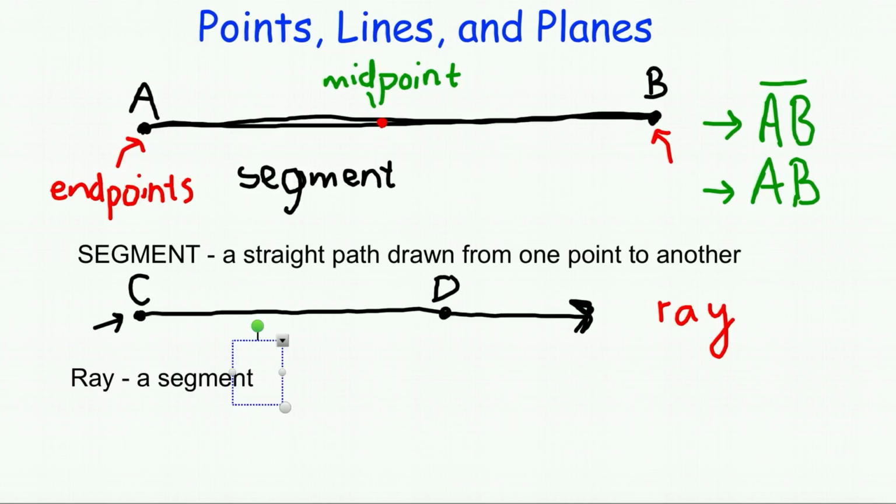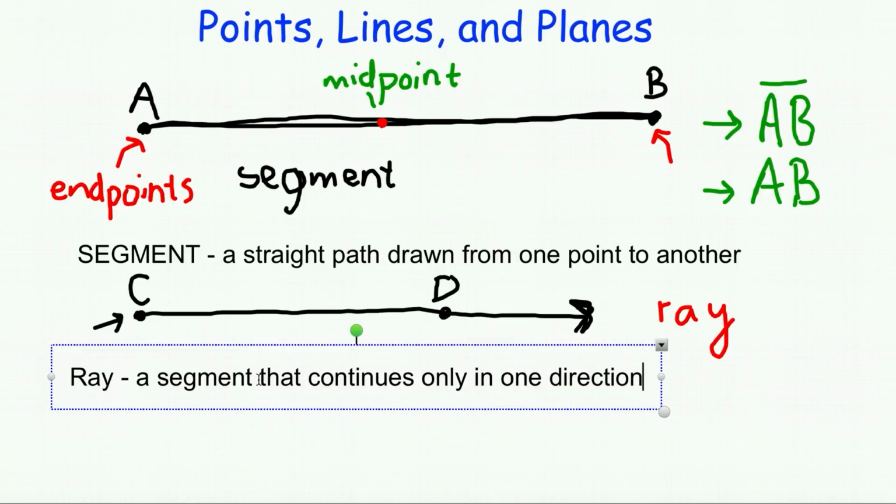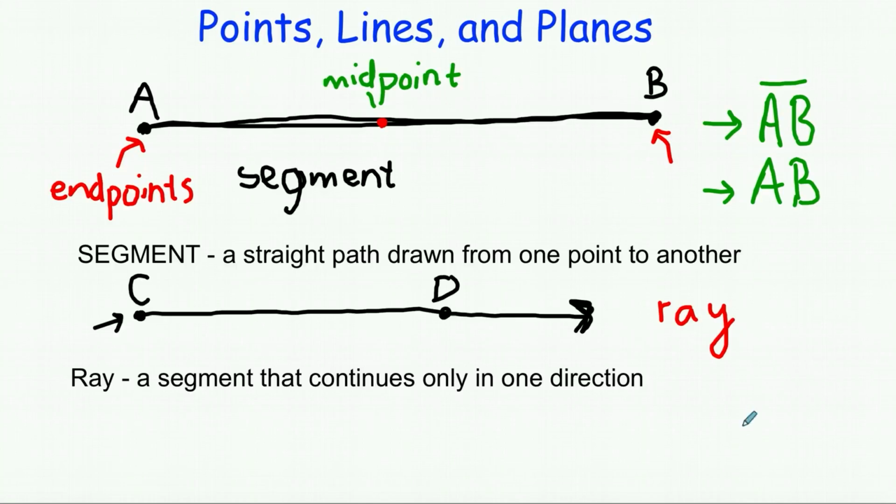So this is a segment that continues only in one direction. And how we denote a ray is with the symbol CD, and we draw a little arrow over it like that. Okay, so that is how we denote a ray.